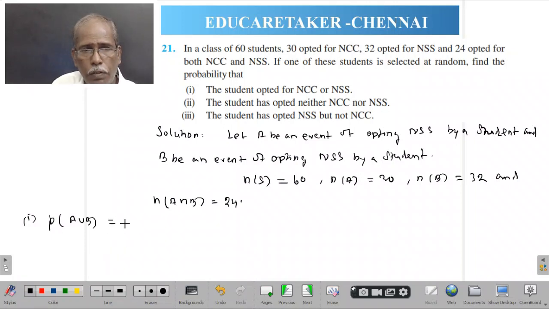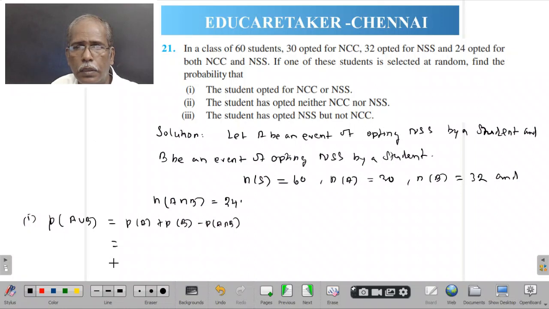That is P of A union B. The addition theorem says P of A plus P of B minus P of A intersection B. P of A is 30 out of 60, P of B is 32 out of 60, P of A intersection B is 24 out of 60.